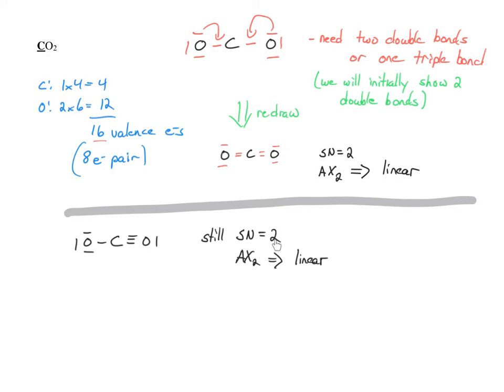The steric number would still be 2, and the result of our VSEPR analysis would be that CO2 is a linear molecule. So either of these results would have been acceptable. I simply chose this one first because I know that this is the way CO2 is thought to bond, consistent with experimental evidence.